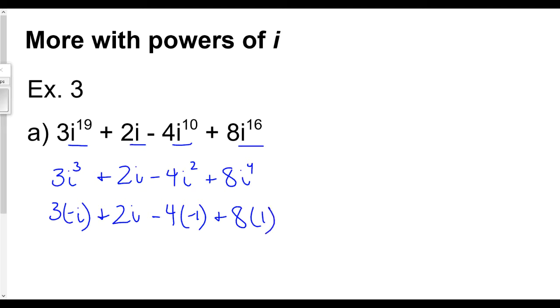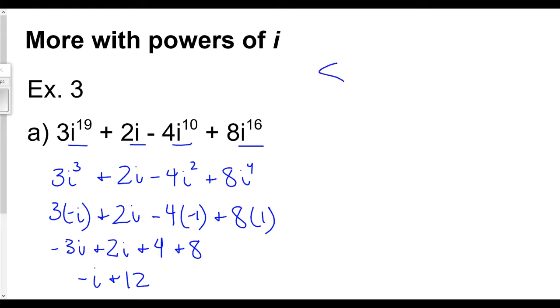Simplifying each one, I have negative 3i plus 2i, then plus 4, and then plus 8. Combining all of my terms, I end up with negative i plus 12. But I can't actually write it that way because it's not in standard form.